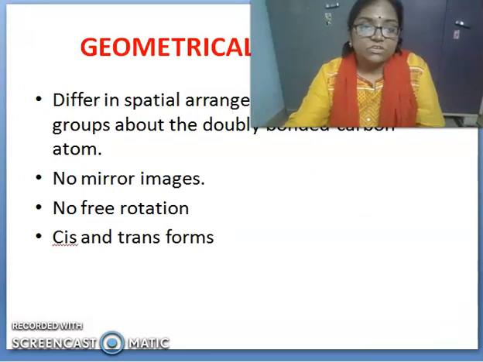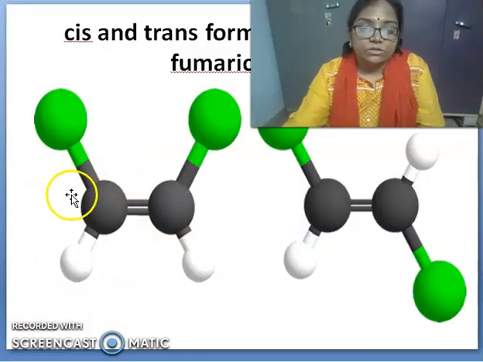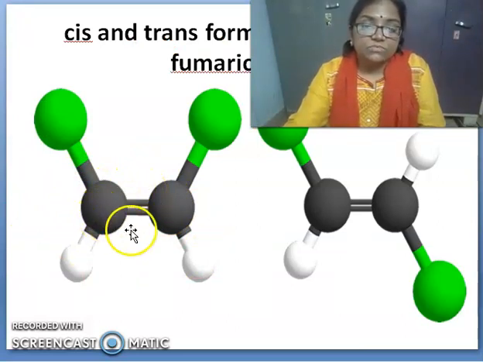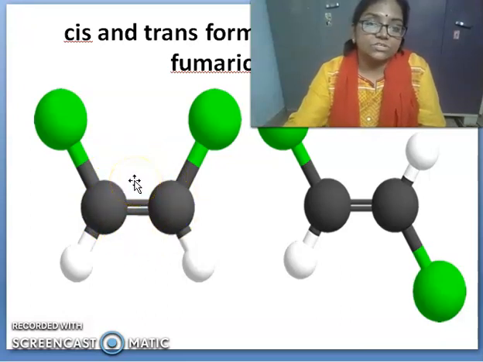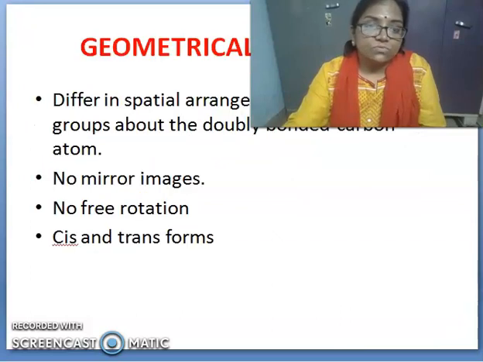So it is very difficult for the molecule to undergo rotation. Even if it undergoes rotation, the rotation is called restricted rotation. So no free rotation is expected here. Then it exists as cis and trans forms.